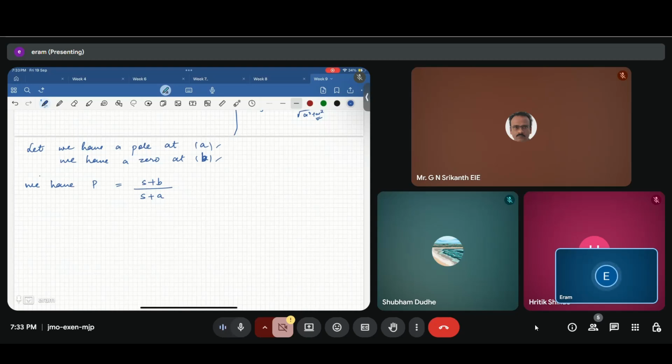Now can you calculate the phase of P? For that we have to calculate P of j omega. So it will be j omega plus b over j omega plus a.